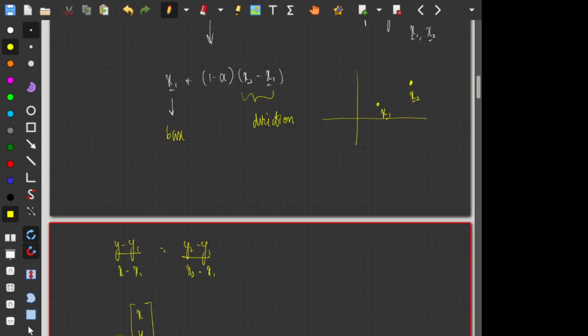The equation is n transpose (x minus c) equal to 0, where n is the normal, and x is the vector.